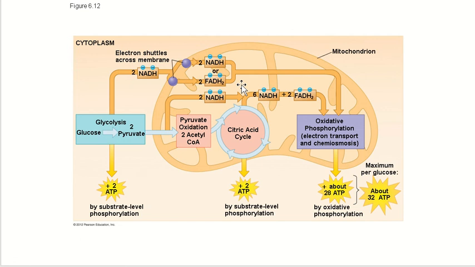Okay, so from these shuttles, you can now tell that there may be a variety of energy yields depending on the cell of the eukaryote. Because say for instance, the malate aspartate shuttle may be exhibited by cells of the liver, kidney, and heart, whereas the glycerol 3-phosphate shuttle is exhibited by the muscle and brain cells.